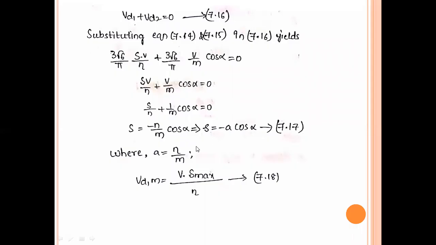The maximum value of alpha is restricted to 165 degrees only. Generally, we can vary alpha up to 180 degrees, but it is restricted to 165 degrees only for the safe commutation of inverter thyristors.